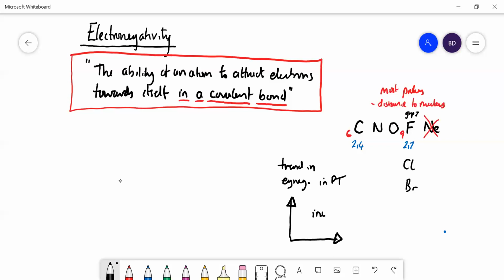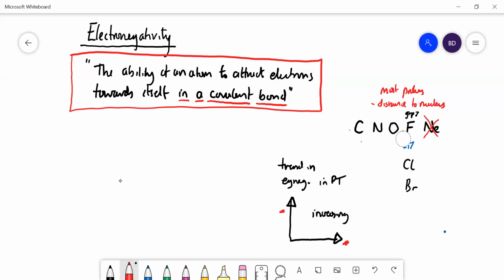So the further up you are, the higher the electronegativity because you're closer to the nucleus. That's this arrow here. And the further to the right you are, the more electronegative you're going to be because you've got more protons in the nucleus.